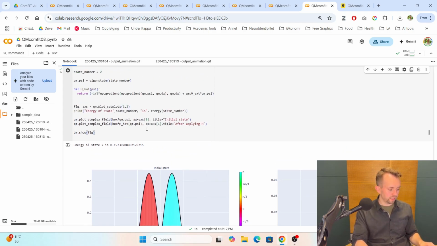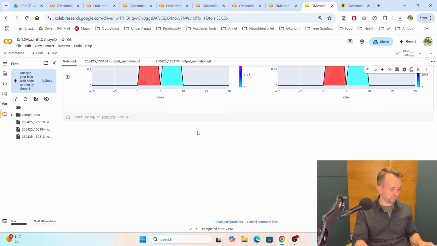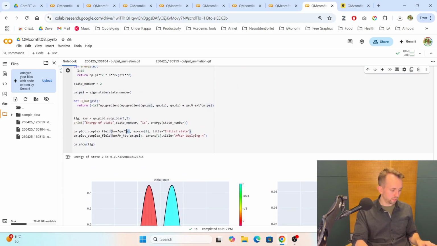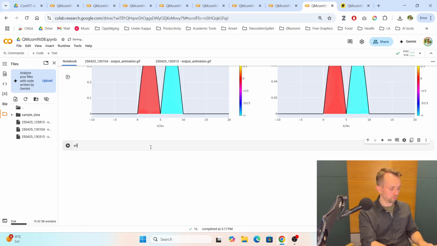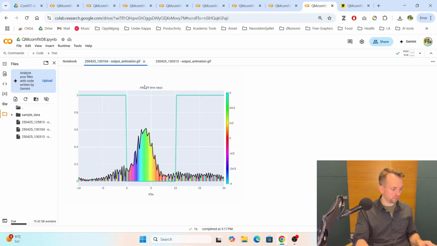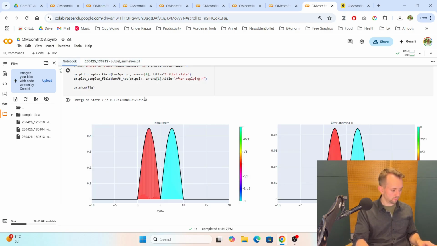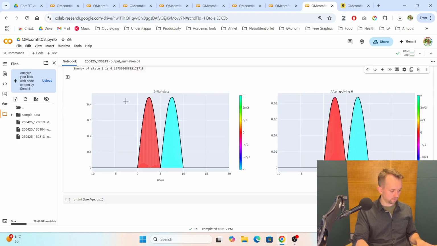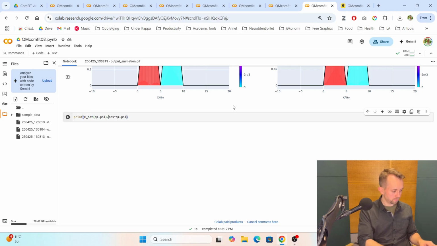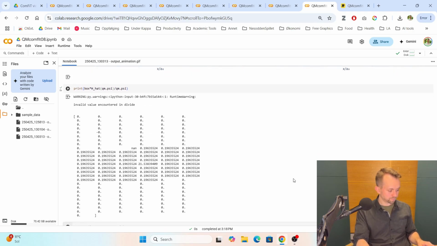And in fact, we can show this because we can print the relation between those. So I can print this new function here. We can print h hat qm psi divided by qm psi, and I'm also going to multiply by a box because that's the only place I'm interested in.